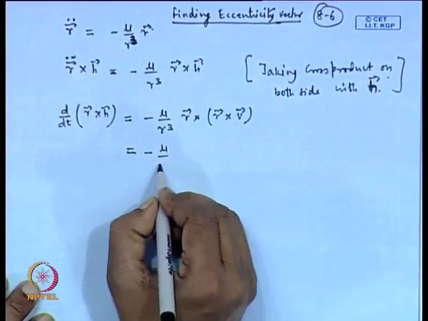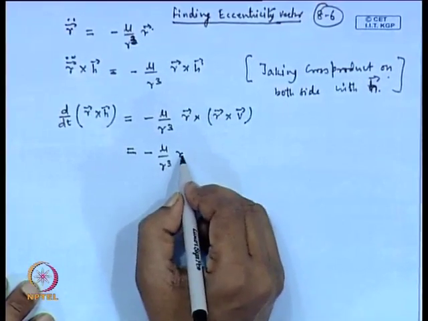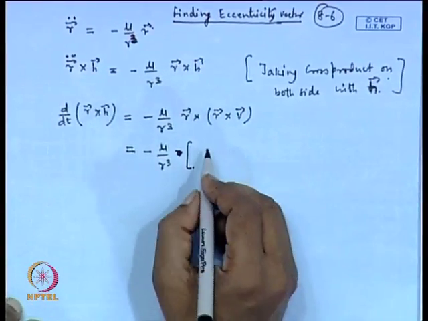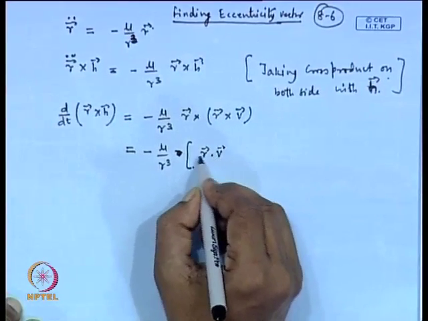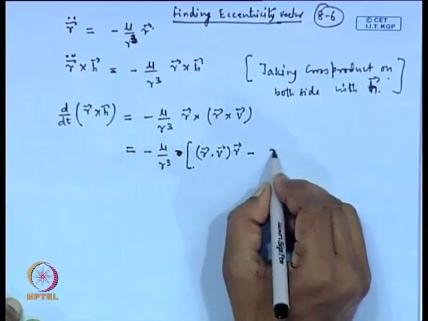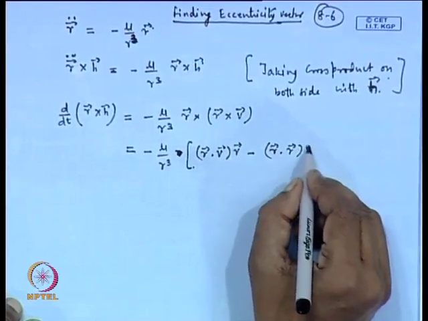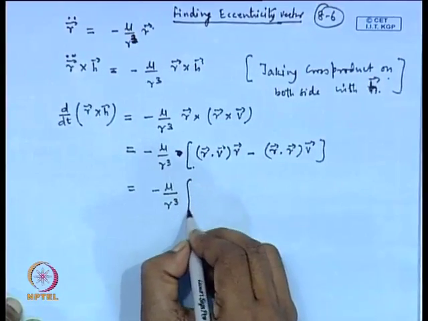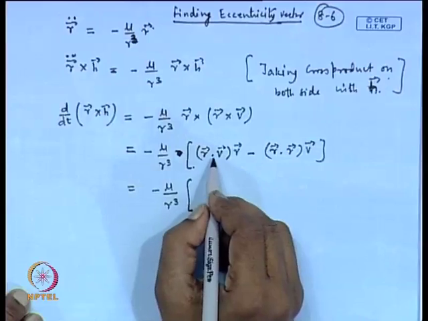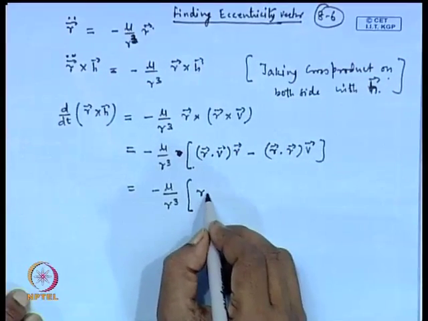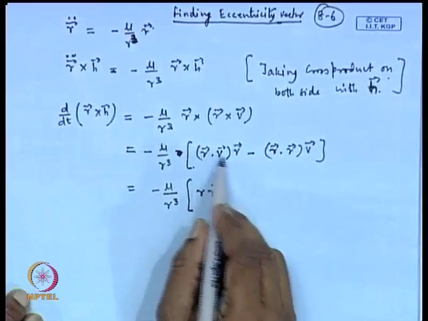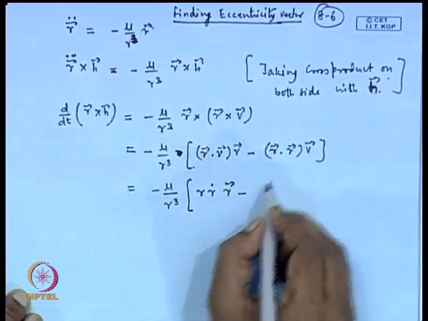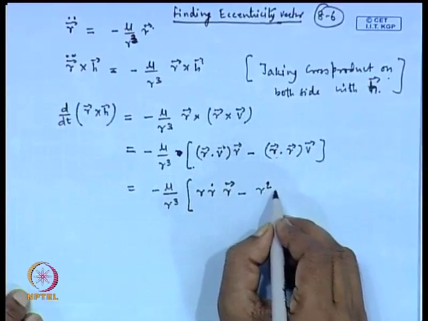So, let us write this by breaking this bracket: this is r dot v times r minus r dot r times v, times mu by r cube. Now, r dot v, this we have to evaluate. This quantity is nothing but r times r dot. I will show you how this is. So, r times r dot times r minus this is nothing but r square and v.